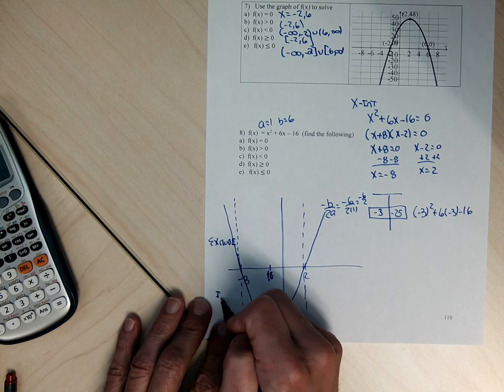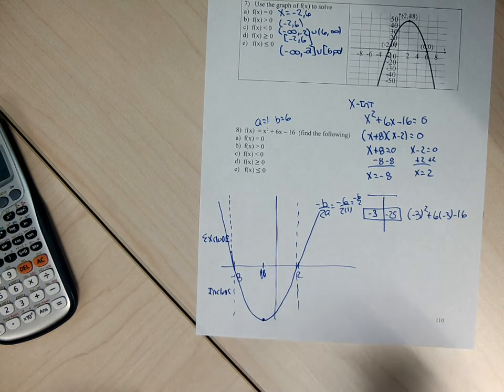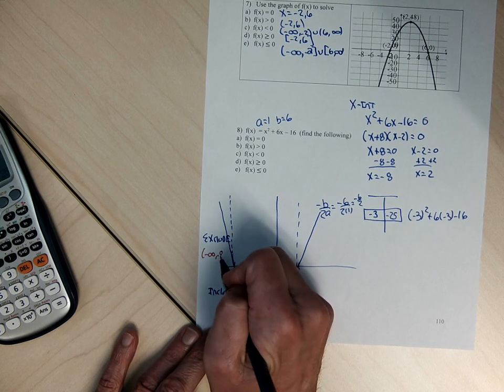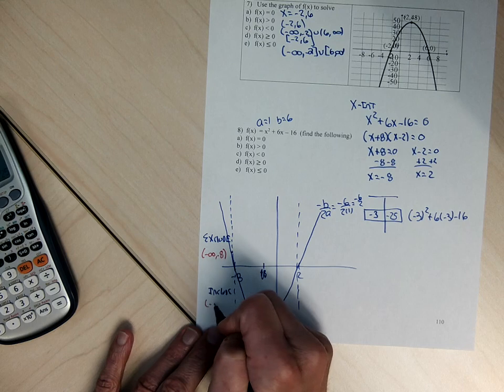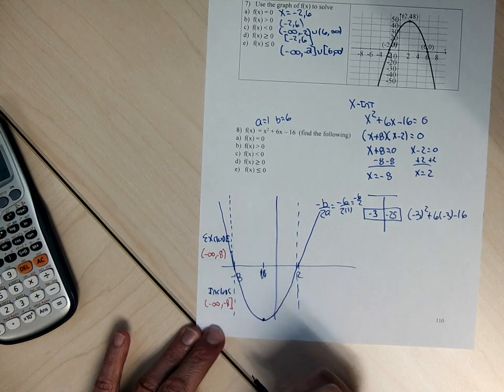and include the x-intercept. First region, excluding the x-intercept, double round parentheses, -infinity to -8. If I include the x-intercept, I square up the bracket on the -8.